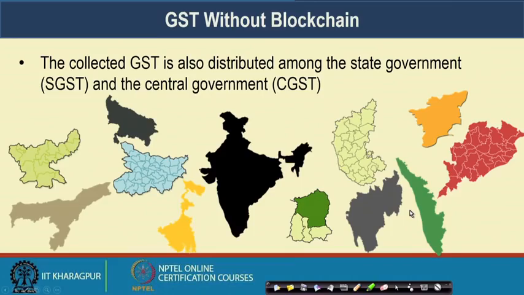Then the entire thing becomes complicated again, because the GST collected over a particular product gets distributed among the state government and the central government as per the Indian GST rules. The GST collected is distributed based on where the production took place. For example, if the initial cotton was produced in Andhra Pradesh, then the Andhra Pradesh government is entitled to get certain money from the state component of the GST, the SGST component.